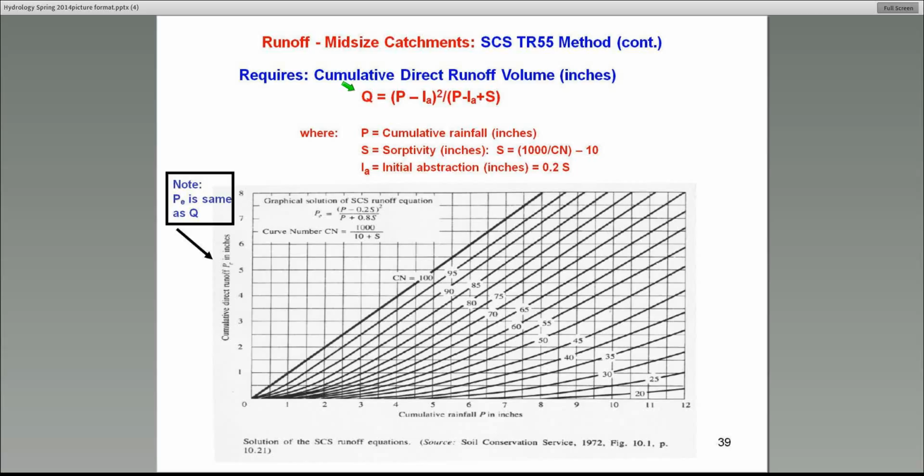So if a problem gives you centimeters, I recommend you convert that to inches before you use this method. So total rainfall excess must be in inches, rainfall must be in inches, total rainfall, and everything else will work out fine. Okay, so this equation gives the volume of direct runoff, what we call rainfall excess, in inches.